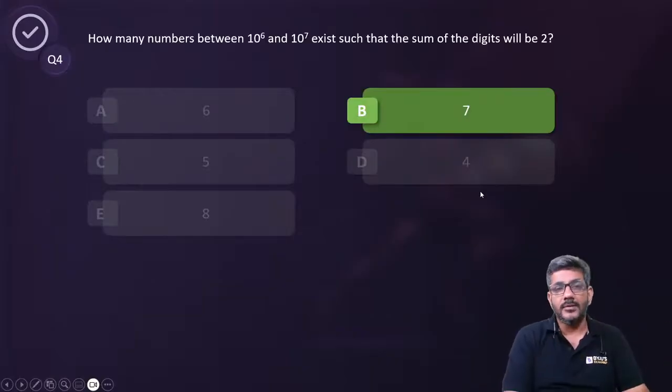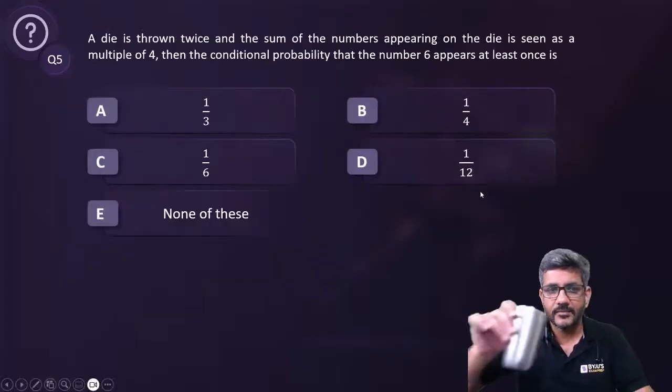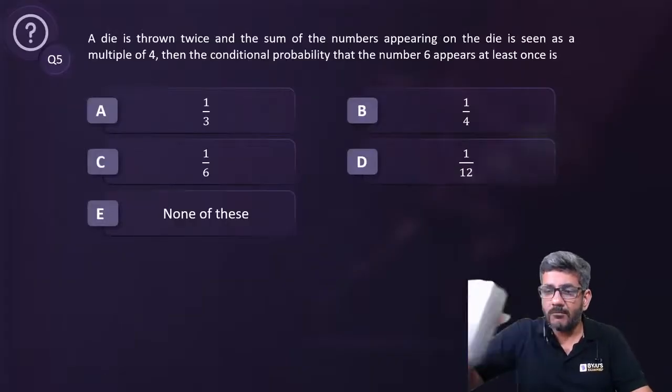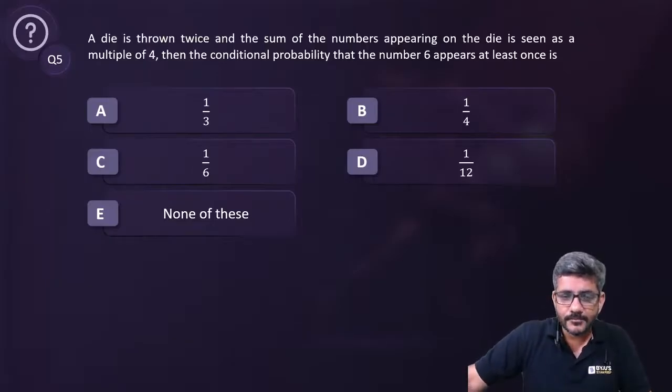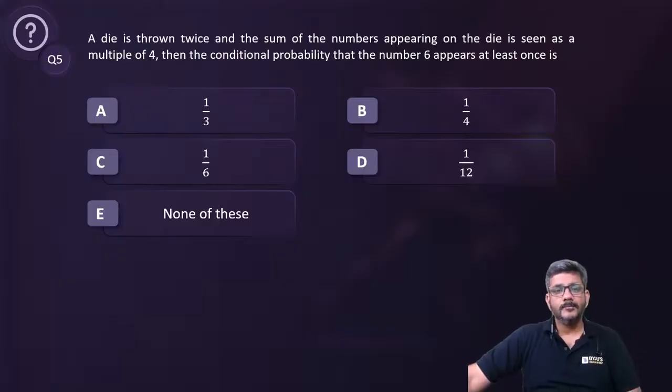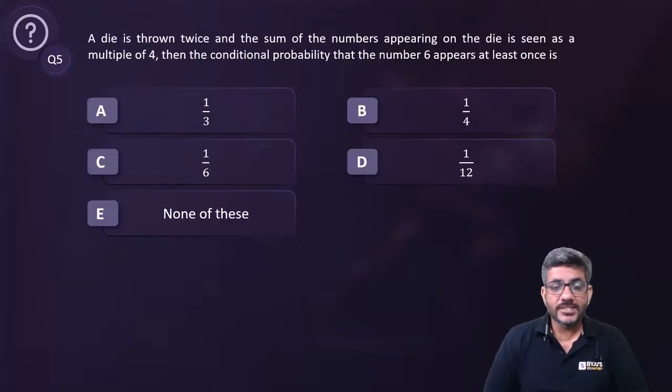ठीक है, आगे बढ़ते हैं. क्वेश्चन नंबर 5 पे आते हैं. व्हाट इज द आंसर फॉर क्वेश्चन नंबर 5? गिव मी द आंसर. What's the answer for question number 5 now?